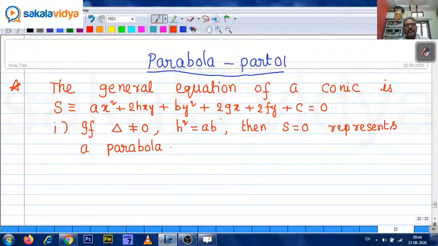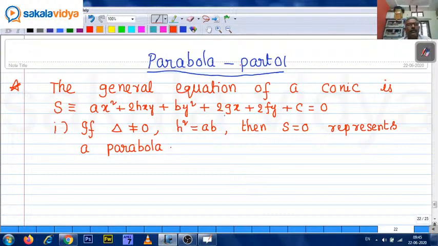So suppose this kind of equation is given, the general equation, ax square plus 2hxy plus by square plus 2gx plus 2fy plus c equals 0. Then we need to check delta does not equal 0 and h square equals ab. Then we say S equals 0 represents a parabola.